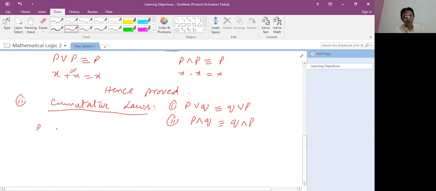That means first we consider P, Q: true, true, false, false; true, false, true, false. Now, when we consider the left hand side of the first part, P and Q, when we apply the multiplication operation, 1 dot 1 is 1, it means true, 1 dot 0 is 0, it means false, 0 dot 1 is 0, false, 0 dot 0 is false.